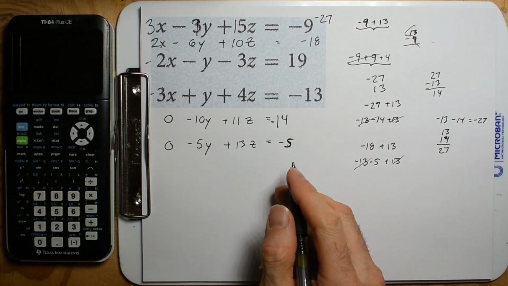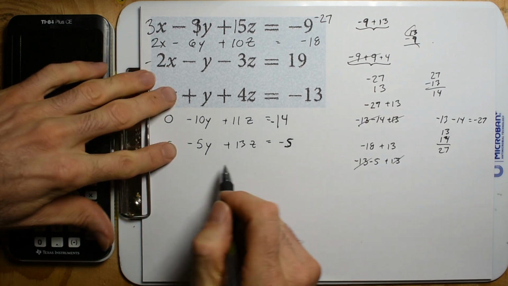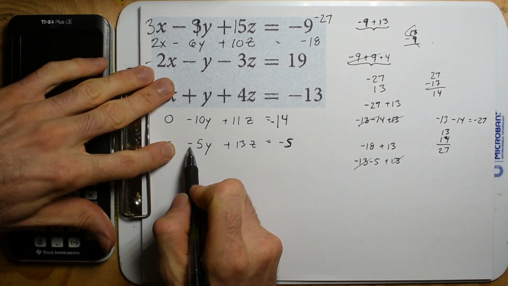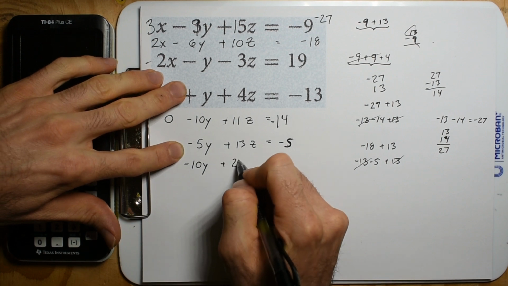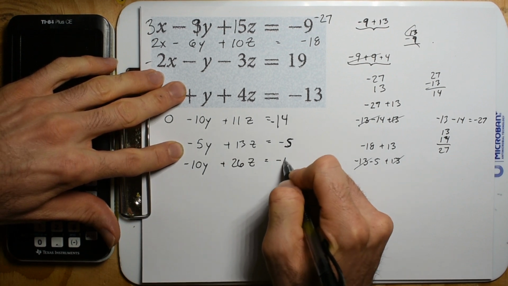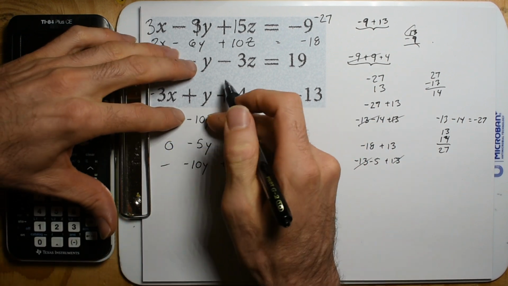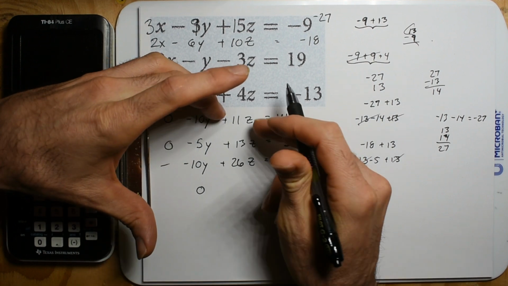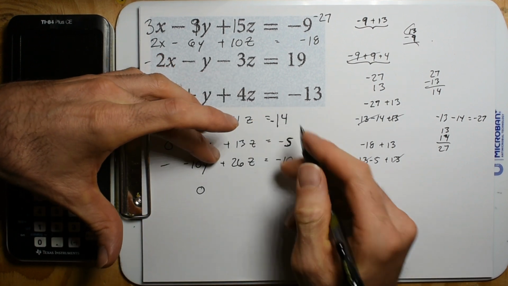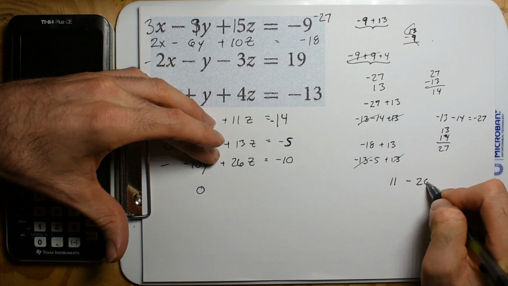Okay, so now you would do the same thing. You would take these and be like, if I doubled this, then we'd have negative 10y plus 26z is equal to negative 10, then I can subtract these two. So let's do that. Negative 10y minus negative 10y is 0. And we have 11 minus 26.